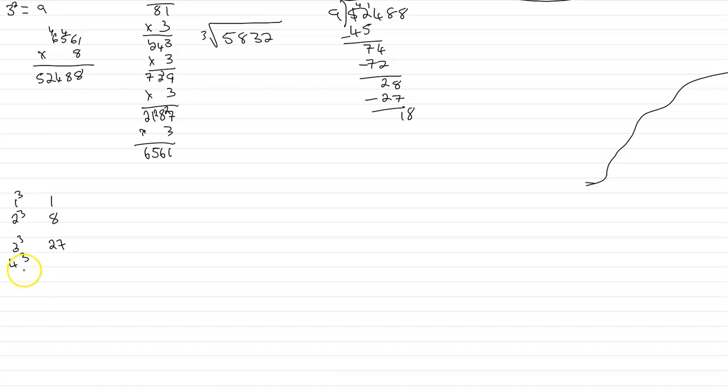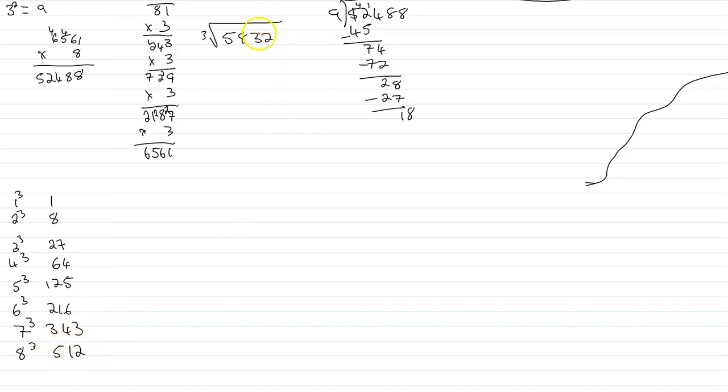4 cubed gives us 64, 5 cubed gives us 125, 6 cubed gives us 216, 7 cubed gives us 343, 8 cubed gives us 512.